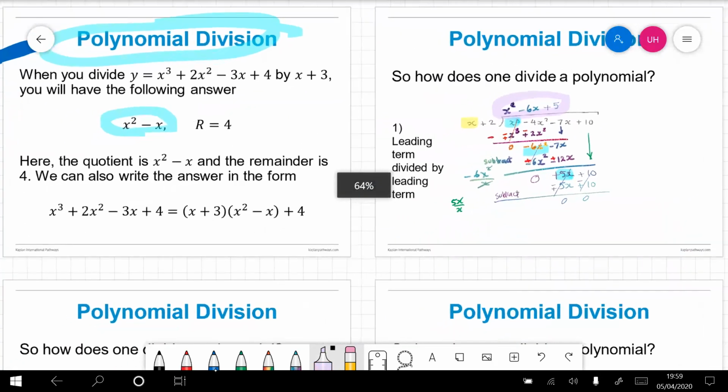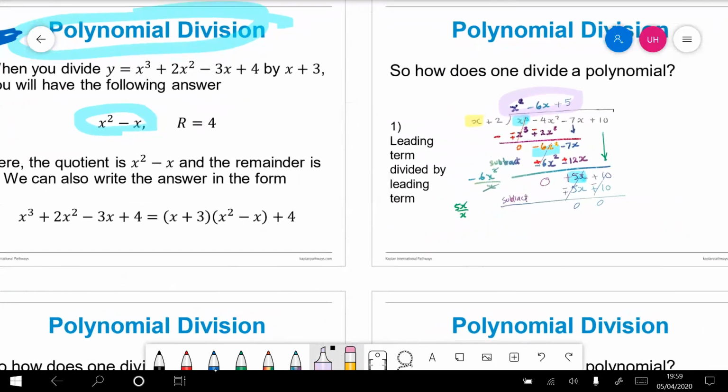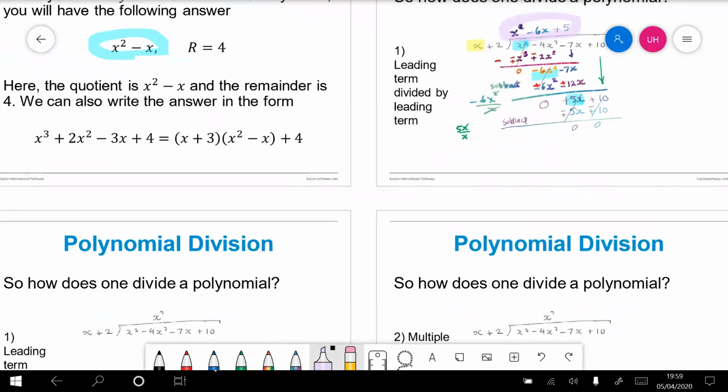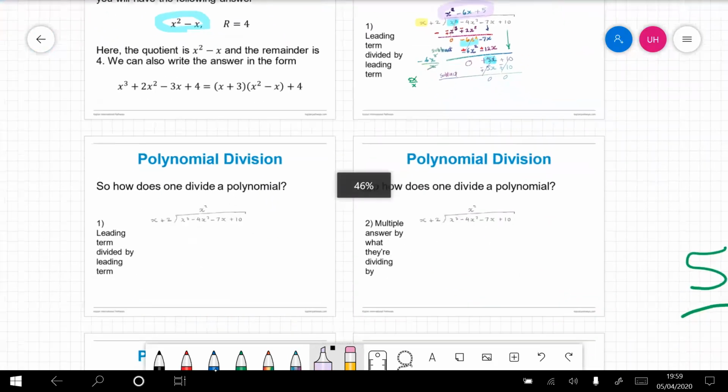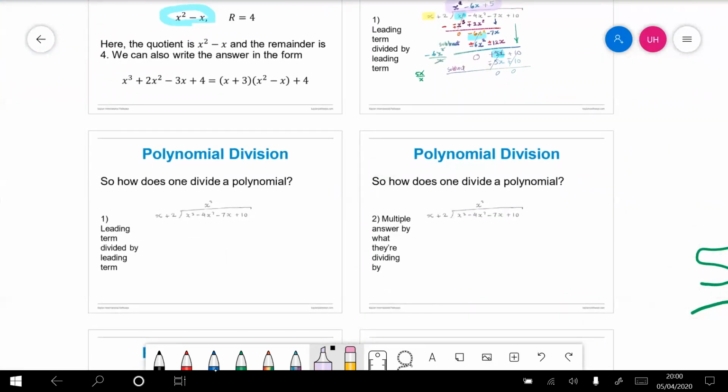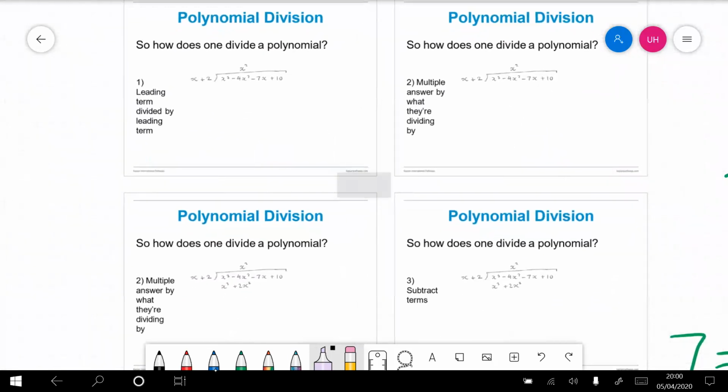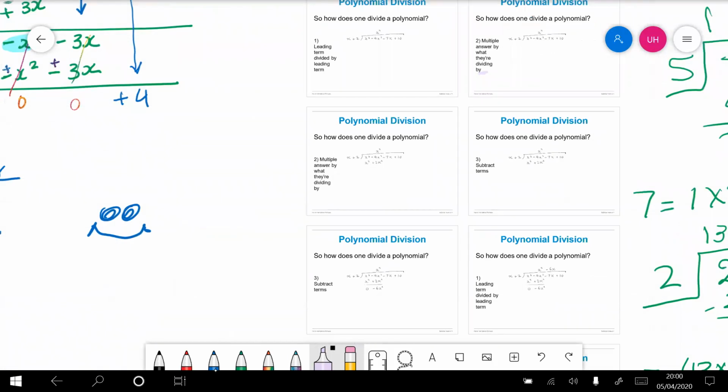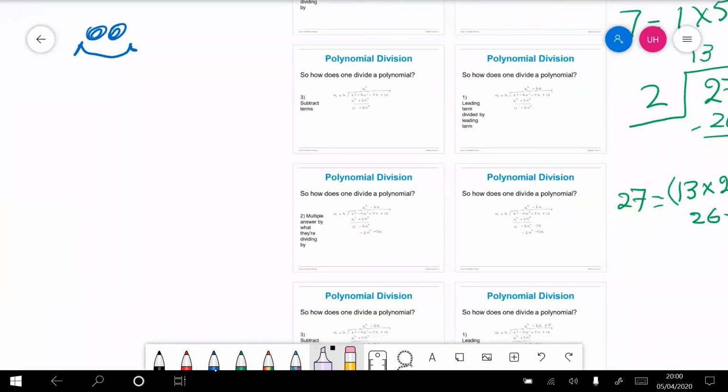And you can see all the steps in the slides on the BLE. I just did it here in one page, but all the slides after that are step by step. So here they're saying leading term divided by the leading term, then we multiply answers by what they are dividing by. So it's all the steps here until they get the answer, which is when you finish.